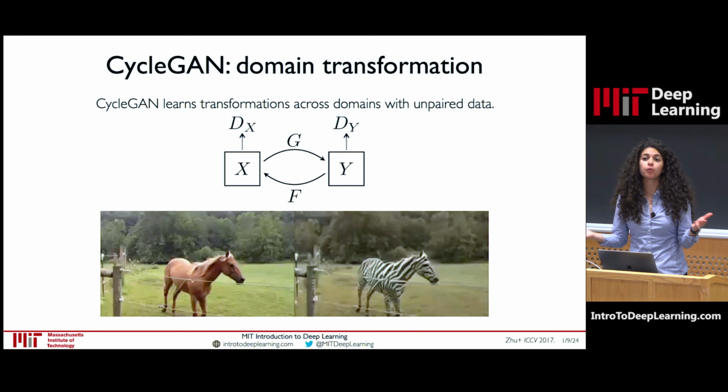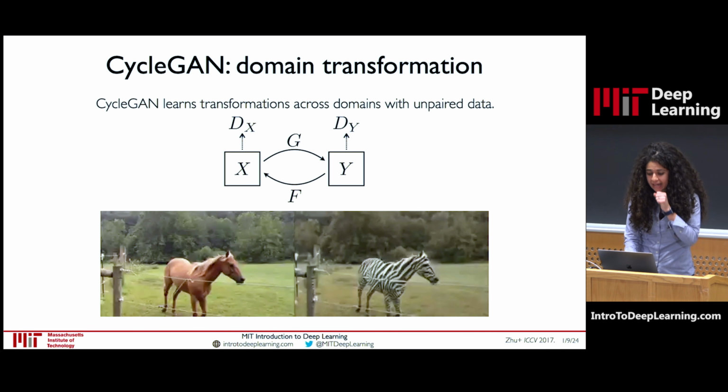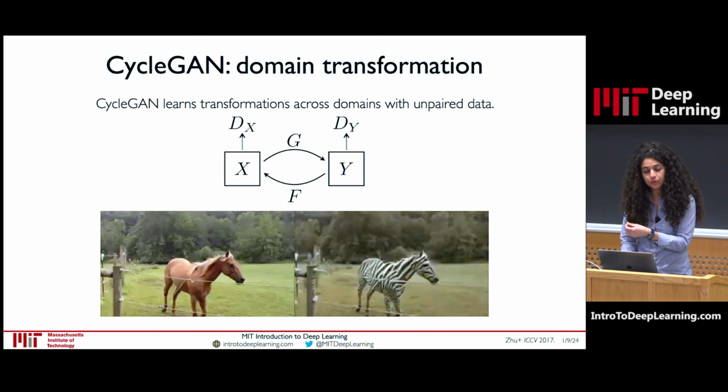How can we learn a relationship mapping these two distributions together? And the concept of the CycleGAN is that we can basically impose a cyclic loss linking the discriminator and the generator in one domain to that of another.